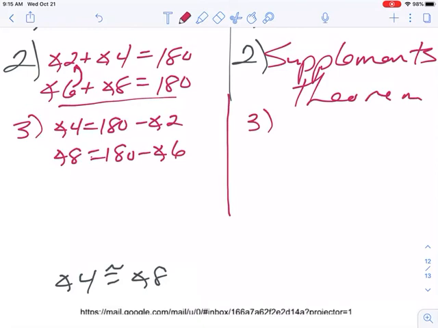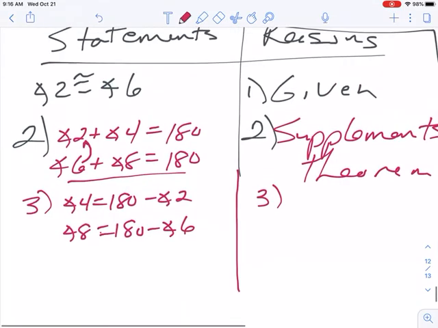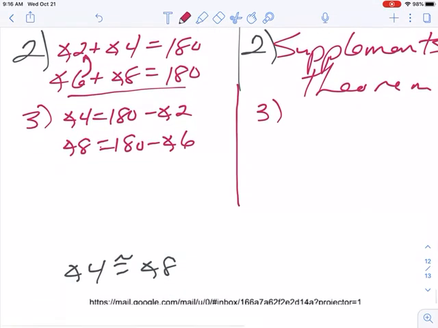angle 4 is 180, angle 8. Angle 2 and 6 are the same. Oh, I think I got it here now. Okay, scissors.